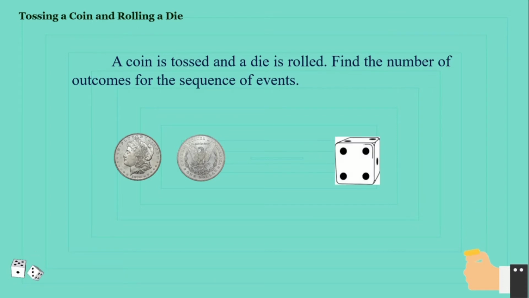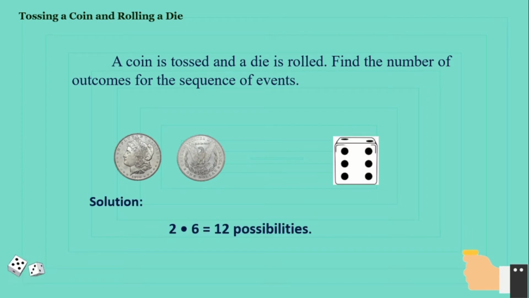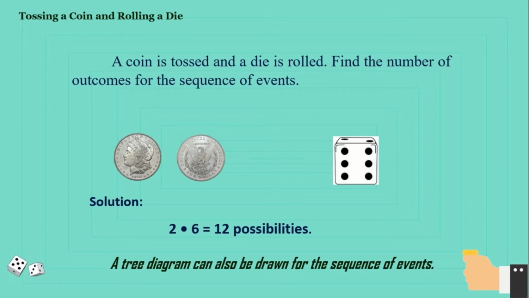Therefore, the solution is 2 times 6 is equal to 12 possibilities. A tree diagram can also be drawn for the sequence of events. A coin can be either heads or tails.